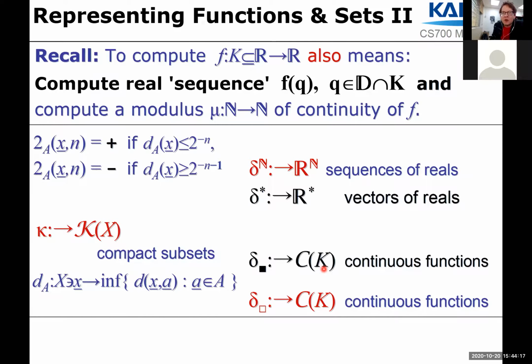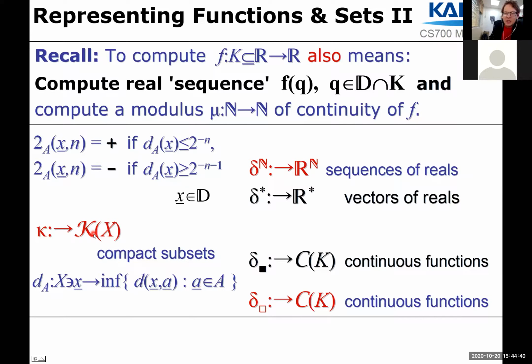Similarly, for compact subsets, instead of the continuous distance functions, we also consider the fuzzy distance functions, which I like to recall here for your convenience. And this also gives rise to a representation of the same space of compact subsets.